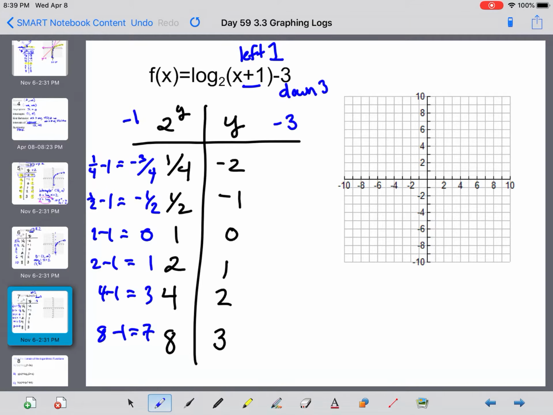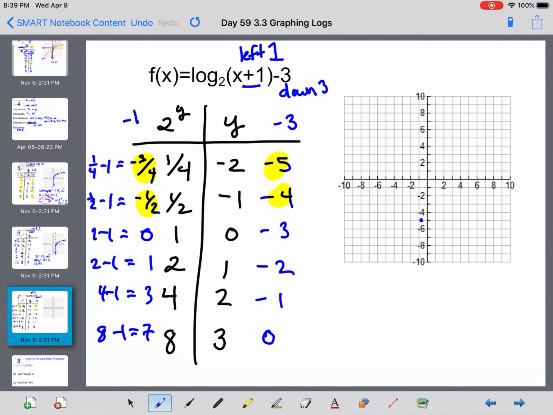And then for my y coordinates, again, I'm going to take away 3 from each of these. And then these will be my new ordered pairs. So that would be my first ordered pair, -3/4, comma, -5, -1/2, comma, -4. Those are going to be my new ordered pairs.